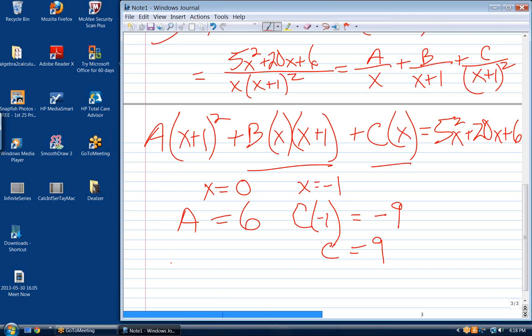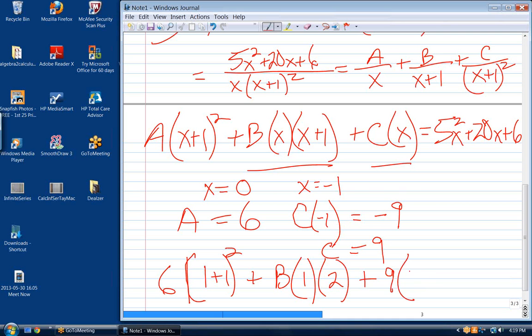Okay, so A is 6, so we've got 6 times 1 plus 1 squared, plus B, which we're trying to solve for, B times 1 times 2, plus C, which is 9 times 1, has to equal 5 plus 20 plus 6, 31.